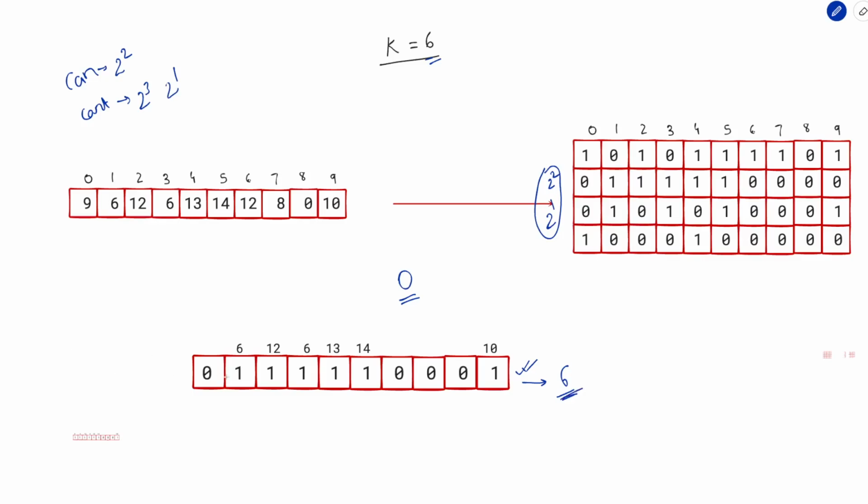Why? Because there are 2 bits, right? So if you do bitwise AND of these 2, it may happen that they themselves become 0. Why? Because this has 2 bits. It may happen that you have to touch this bit because the first one was set, and you have to touch this bit because the second one was set, right? So if you do bitwise AND among these 2 itself, you will get 0 0, right?